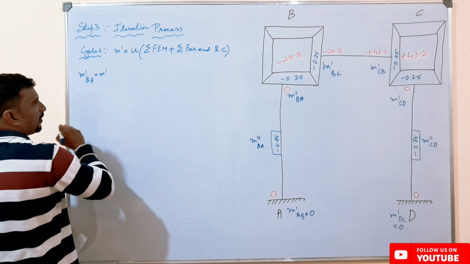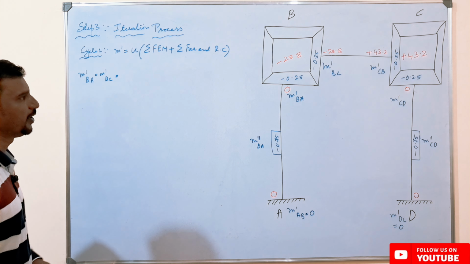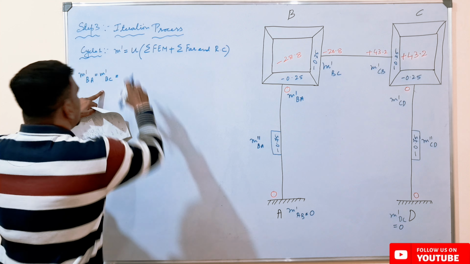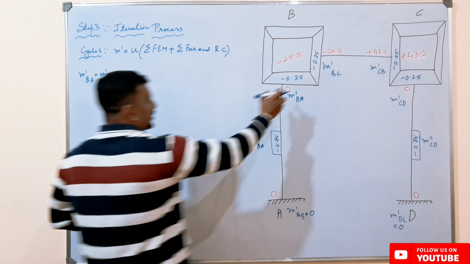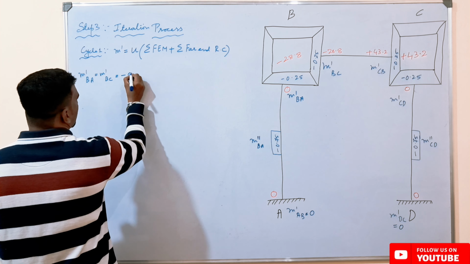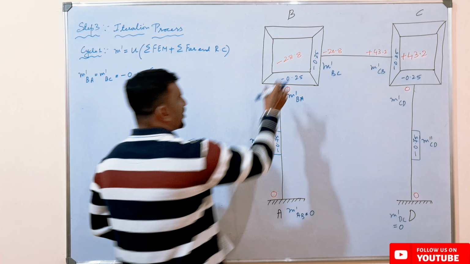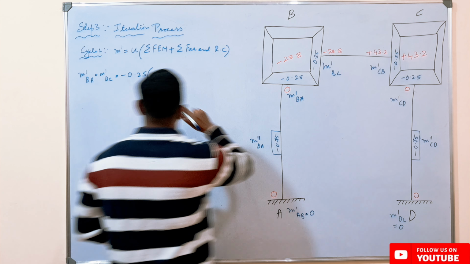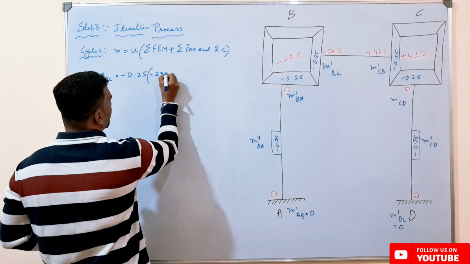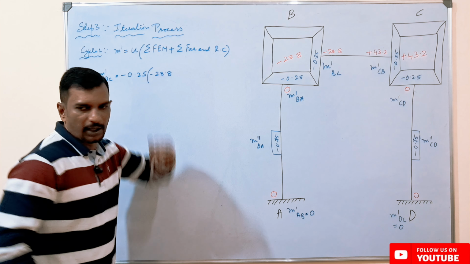So M dash BA will be equal to M dash BC over here, which will be equal to, see here, the value of U, that is the rotation factor we have got, minus 0.25, and the summation of fixed end moment we have got here, that is minus 28.8, plus summation of far end rotation contributions.